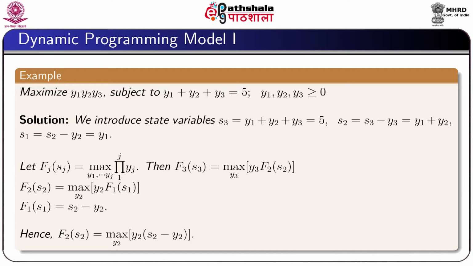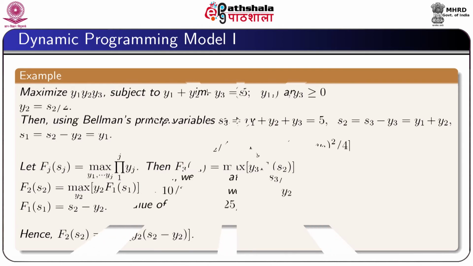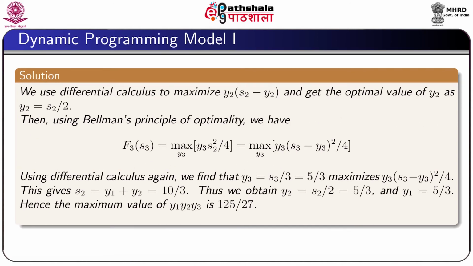From the last two, we can write F2(S2) equal to maximum of Y2 into S2 minus Y2, where maximum is taken over Y2. Now, if we use differential calculus to maximize Y2 into S2 minus Y2, then we see that the optimal value of Y2 equal to S2 by 2. That means Y2 equal to S2 by 2 maximizes the function Y2 into S2 minus Y2.